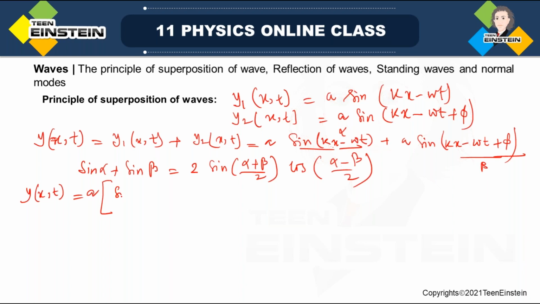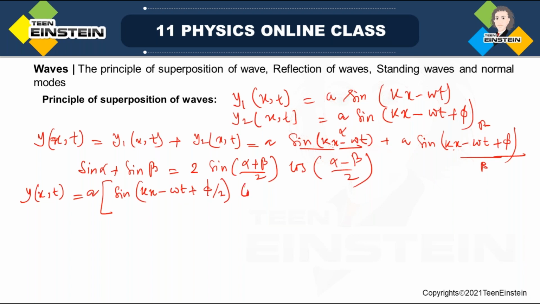So look, this is sine of kx minus omega t plus phi by 2. Just look at it once again. This is alpha and this is beta. So twice kx and minus 2 omega t. If I divide by 2, this will give you kx minus omega t, and this is phi by 2 because there is no phi over here.